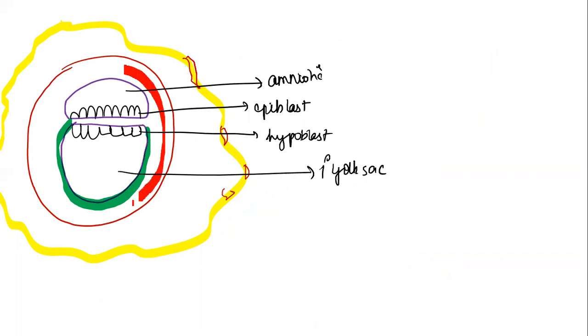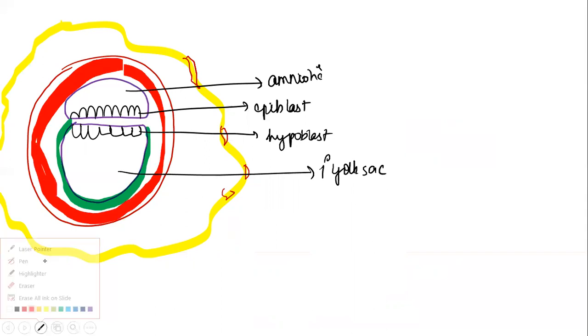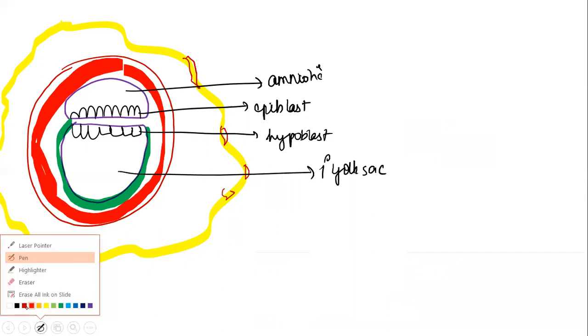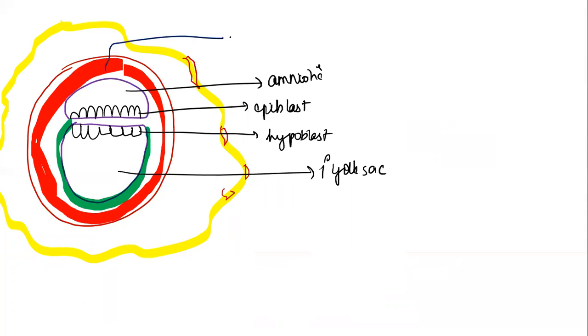A group of cells comes and fills the space between the cytotrophoblast and the developing embryo. As this is a mesodermal derivative, it has the name extra-embryonic mesoderm. What is the name of this group of cells? Yes, it is extra-embryonic mesoderm.